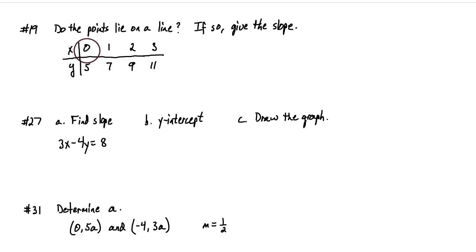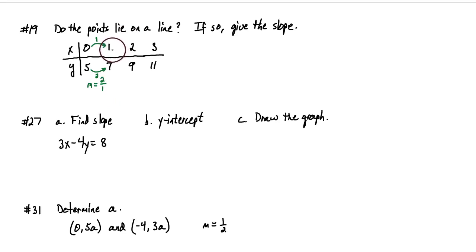From the very first ordered pair, 0, 5, to travel to the second ordered pair, 1, 7, how has x and y changed? The x has increased by 1 unit, and the y value has increased by 2 units. The rate of change, also called slope, has a rise of 2 and a run of 1.